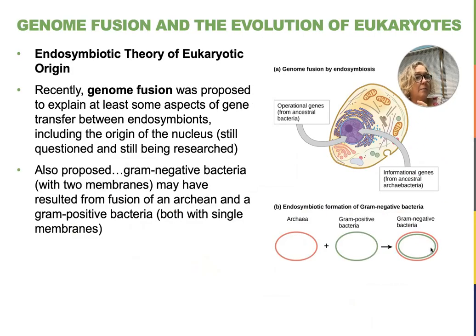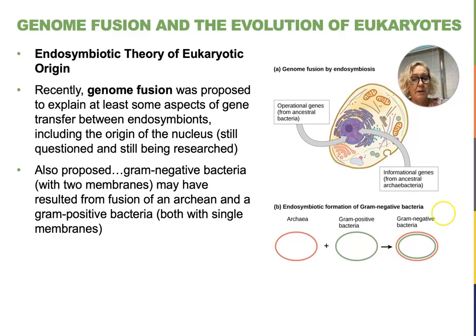Okay, again, the endosymbiotic theory of eukaryotic origin also can result in gram-negative bacteria that also has a little bit of gram-positive in there somewhere. So gene fusion was proposed to explain at least some of the aspects of gene transfer between endosymbiotes, including the origin of the nucleus. The origin of the nucleus is still being researched, so we don't 100% know what's going on there.